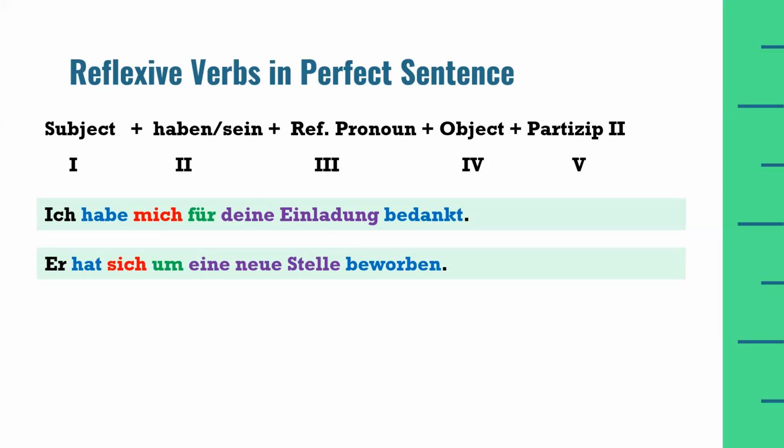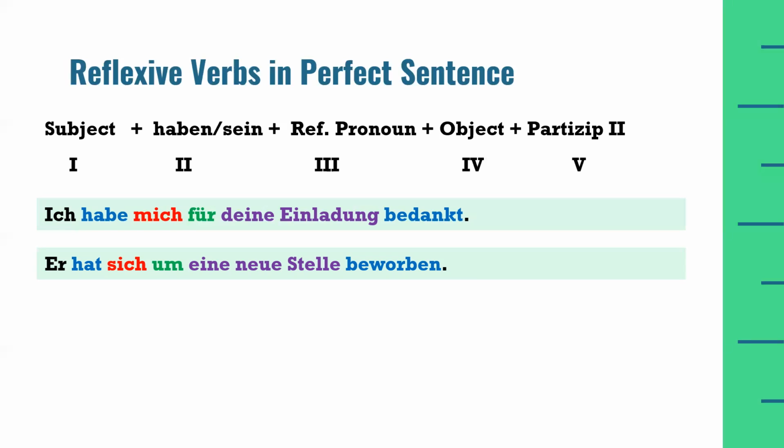Er hat sich um eine neue Stelle beworben. He applied for a new job. This sentence also has the same sentence structure. Er comes at the first position. Then we have to conjugate haben with respect to the subject, and haben becomes hat. At third position, we have the reflexive pronoun sich.